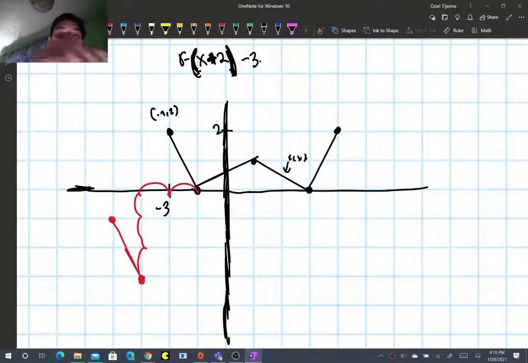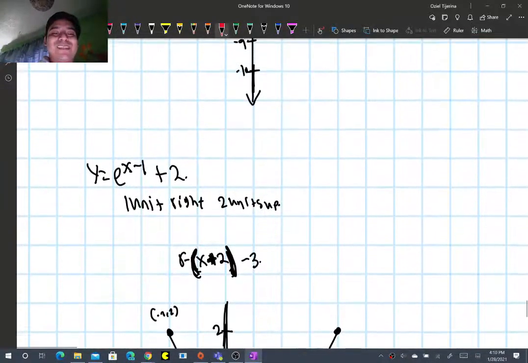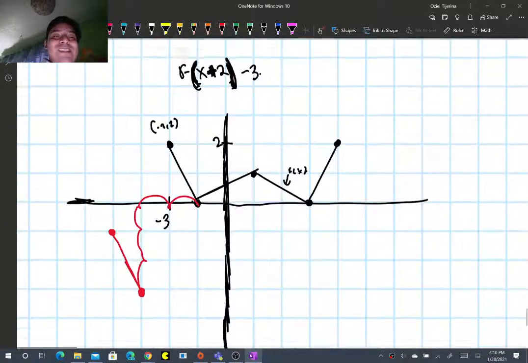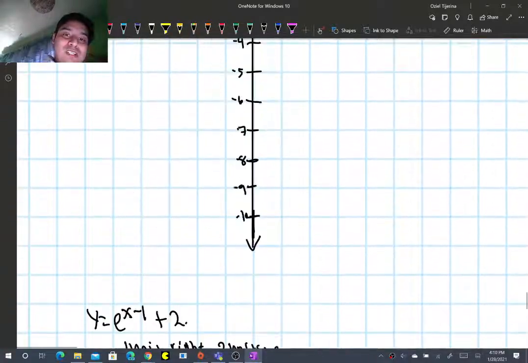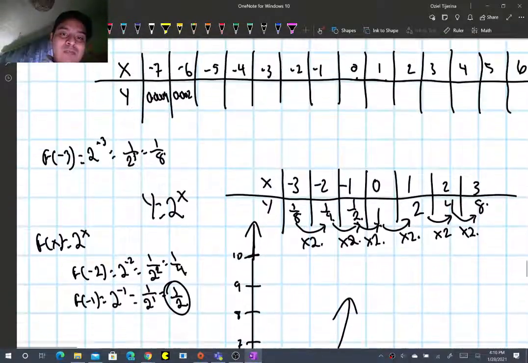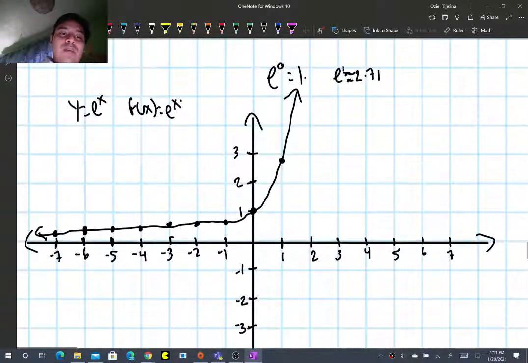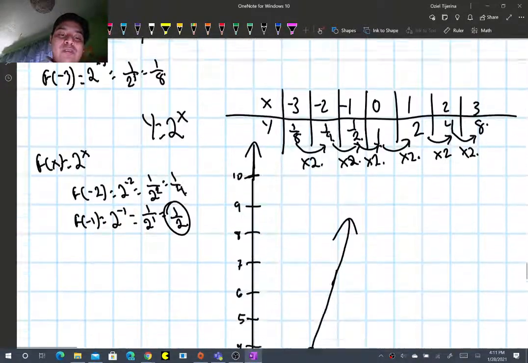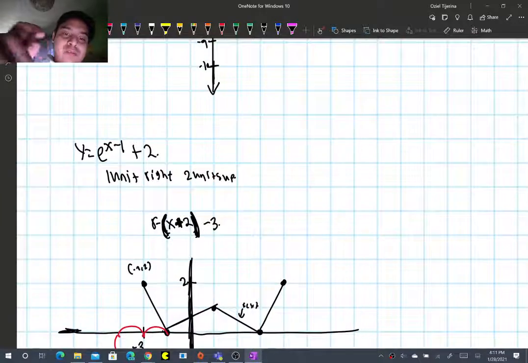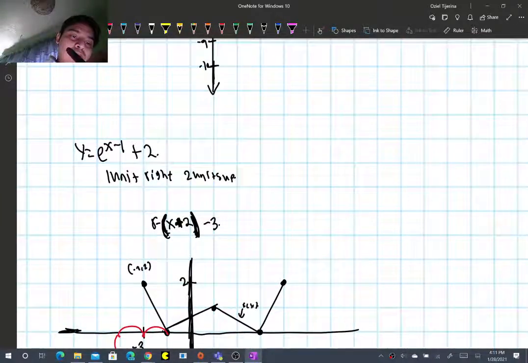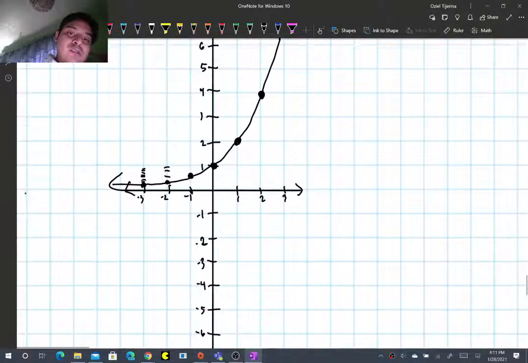I don't want to go too much into this because this is not what the video is about. But let's just finish this problem up. If I have this function here, e to the x, that I graphed all the way over here, I'm going to go 1 unit right, because remember, it's minus, so that means we're going to shift 1 unit right and 2 units up.